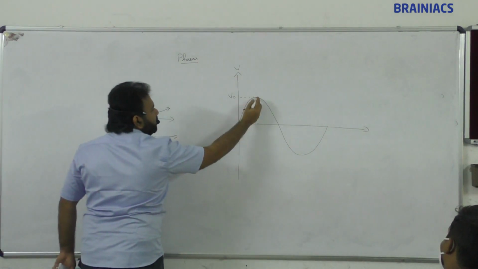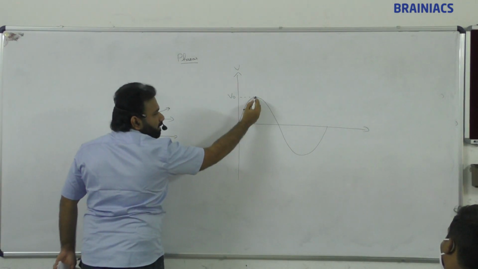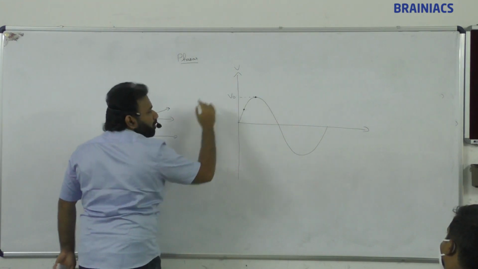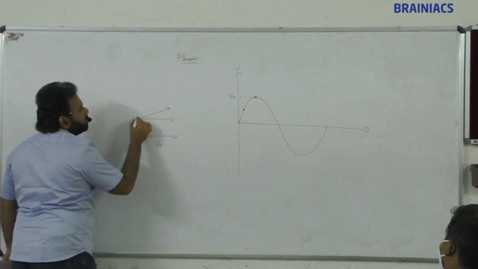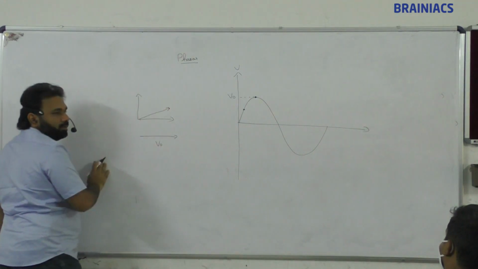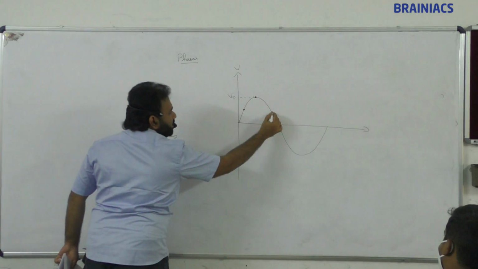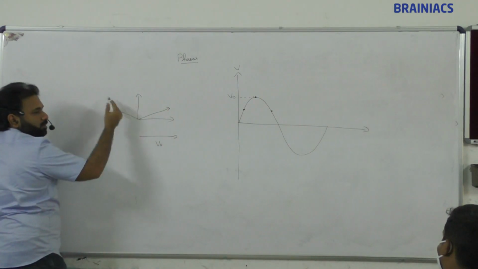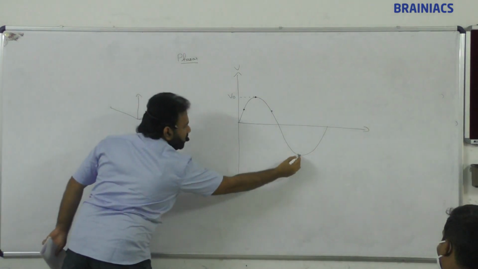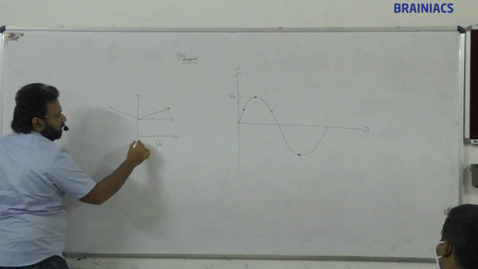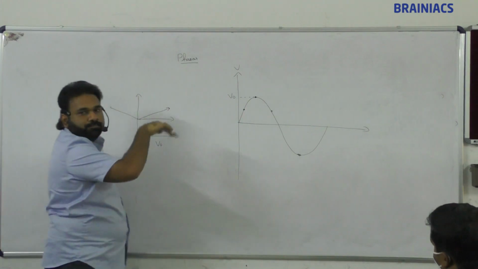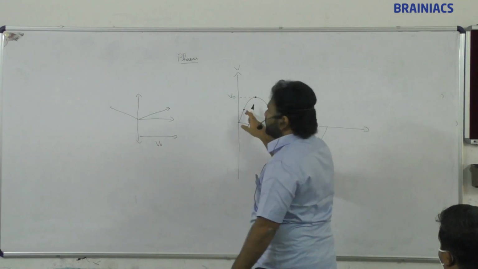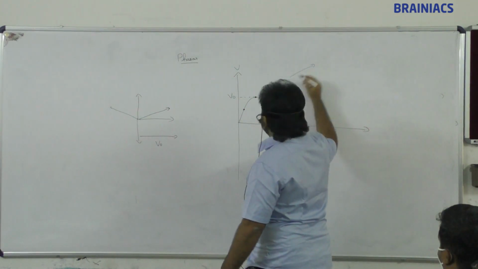Now if the instantaneous value of V is going to be V naught, this will come to this position, V naught. Now suppose it is here, the same line will come here. So this will rotate. So it will be rotating. For the instantaneous value, we take a vector like this.